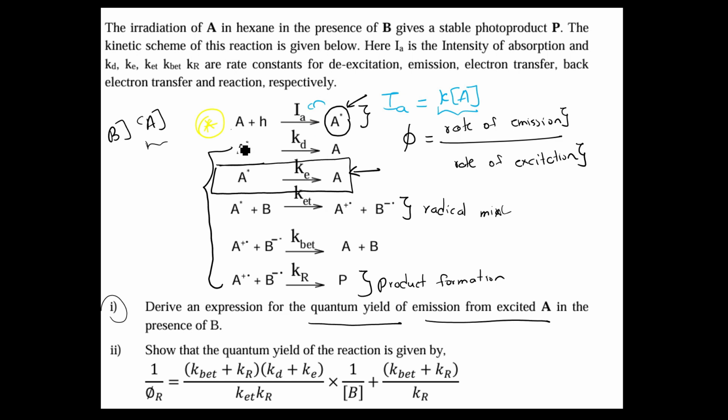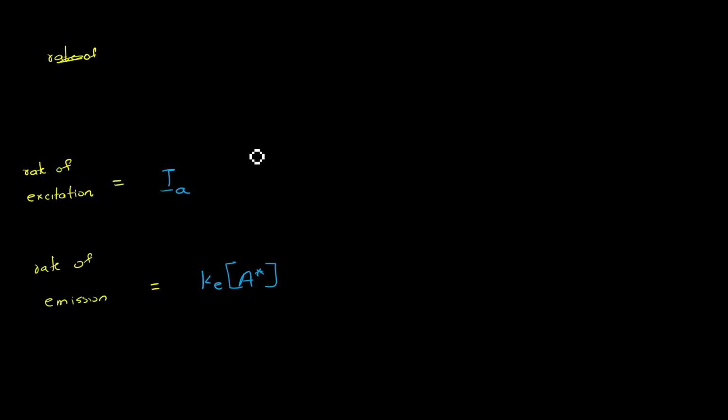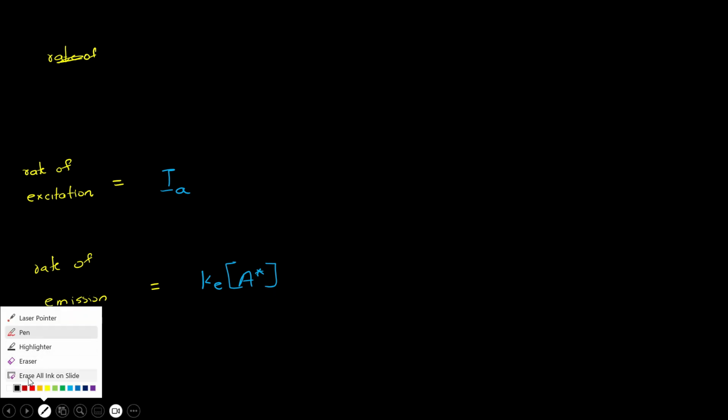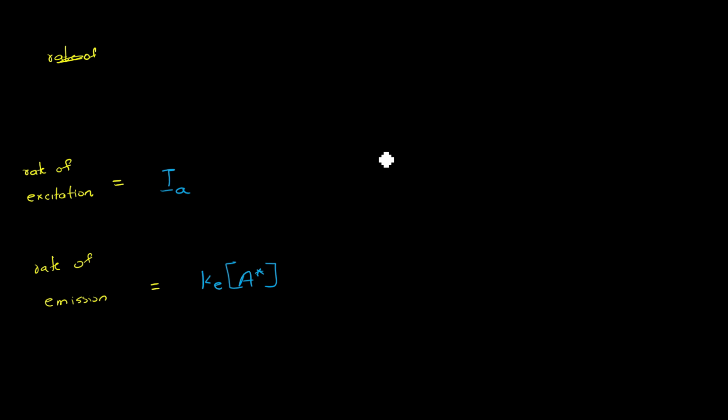The excited A concentration is not given to us, so you cannot put excited A concentration in your expression. So let's substitute for this A. We can do it like this.